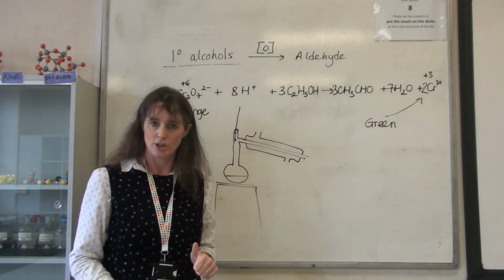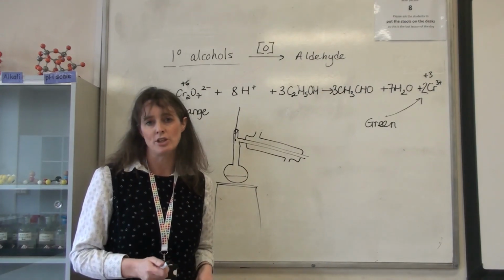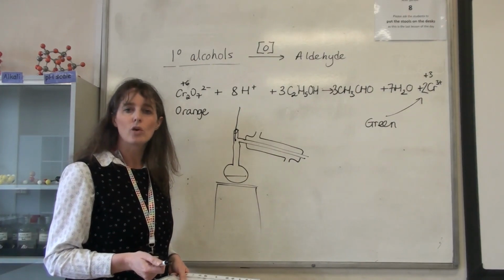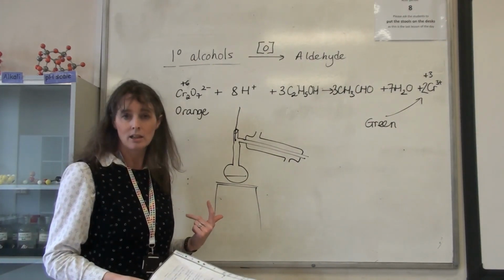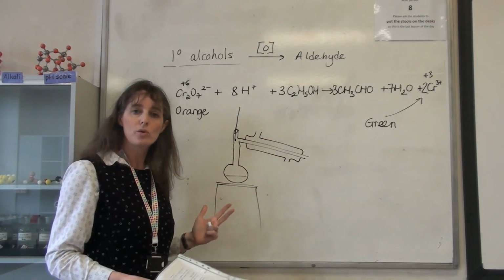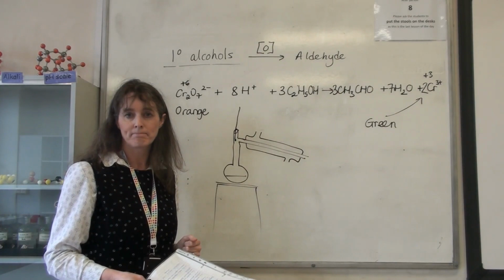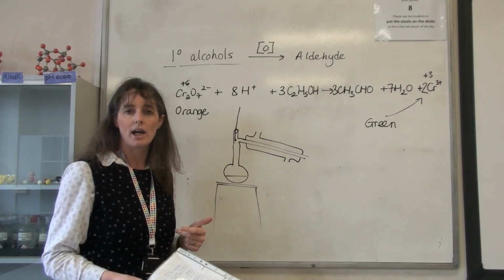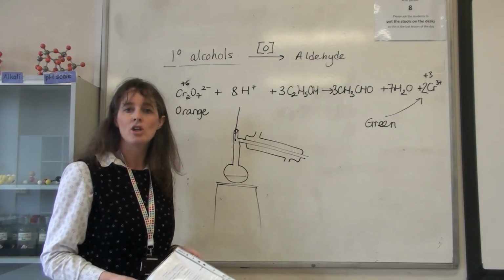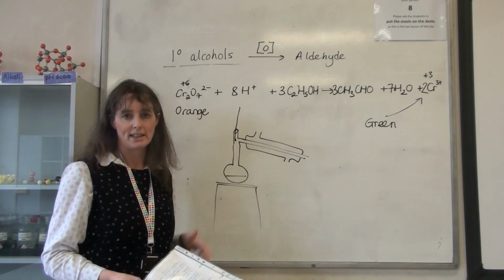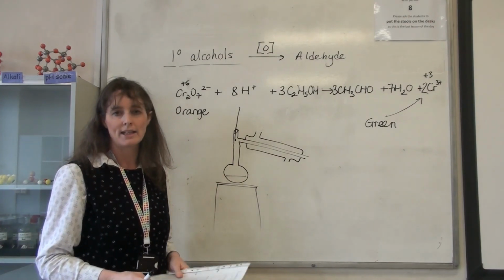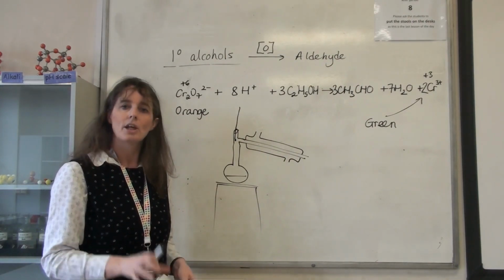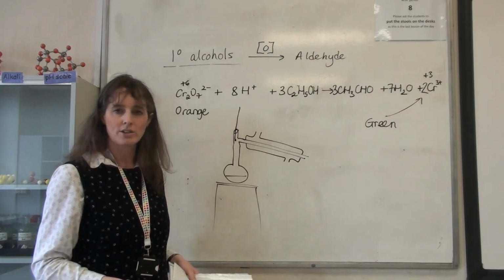What I'd then like you to do, and you can pause the video to do this, is to write an equation for going from ethanal, our first product, through to ethanoic acid. And also underneath that, for good practice, write the equation for changing ethanol into ethanoic acid, all the way from ethanol into ethanoic acid. Remembering it's perfectly fine to use the O in square brackets. So pause the video, have a go, and then I'll go through the answer on the board.